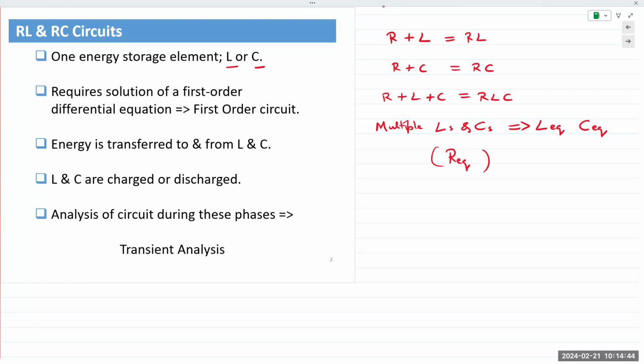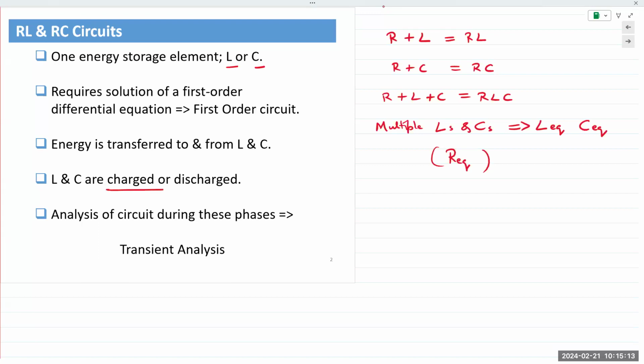So when it receives the energy, we say that a charge is being built up slowly in that inductor or capacitor. And slowly is relative, but it builds it up one charge at a time. And so when it is receiving the energy, we refer to it as charging because the charge is being built up. If the energy is being discharged back into the circuit, we refer to it as the discharge phase or the discharging of that energy.